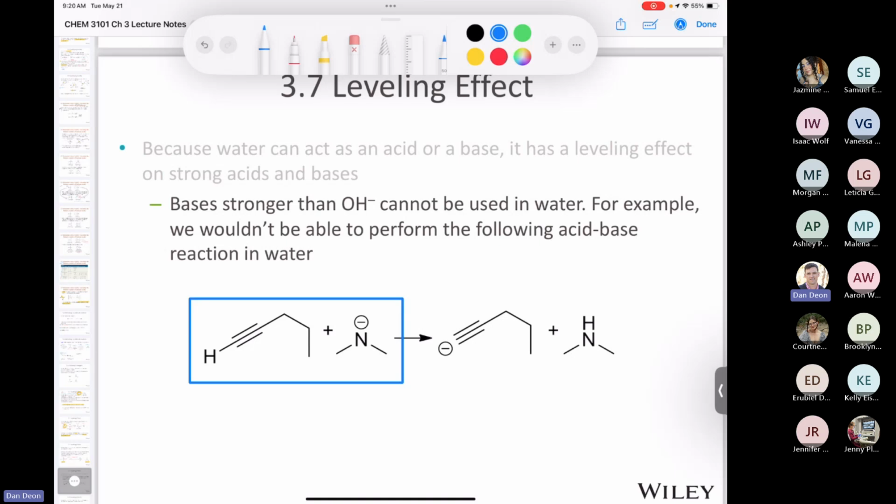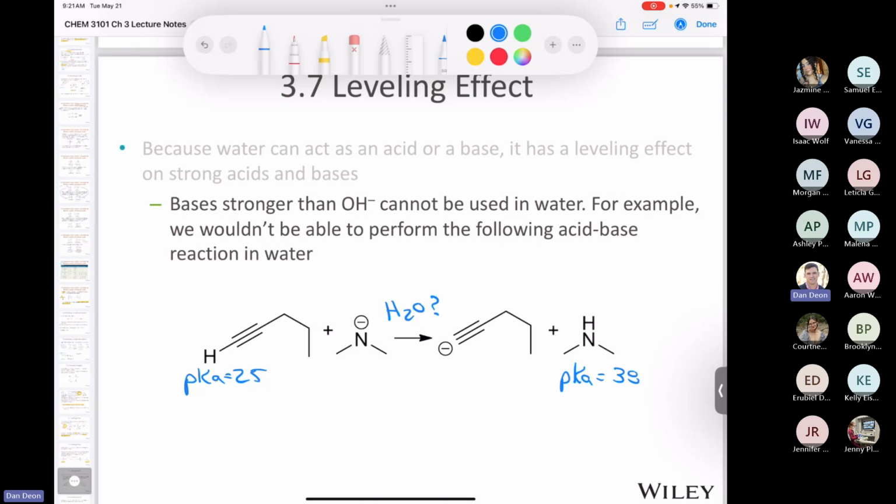In fact, it's actually a good idea because the pKa of this proton is 25 and the pKa here is equal to 38. So there's nothing wrong with the idea. It's just asking you, could you do this reaction in water? And the answer is no, you can't.